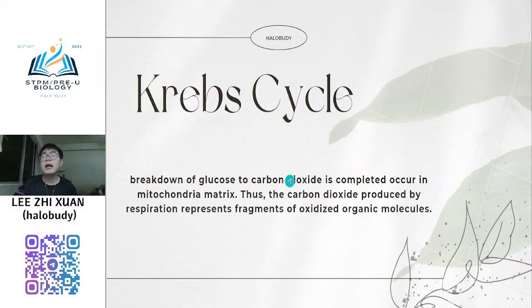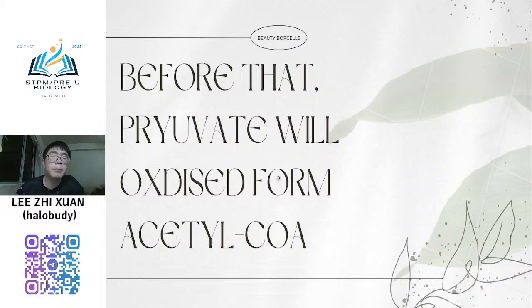In glycolysis, the glucose molecule is oxidized to become pyruvate already, right? One glucose molecule gives two pyruvate molecules. This pyruvate later will enter the Krebs cycle for further oxidation again. So what are the processes? Later you will learn about it.